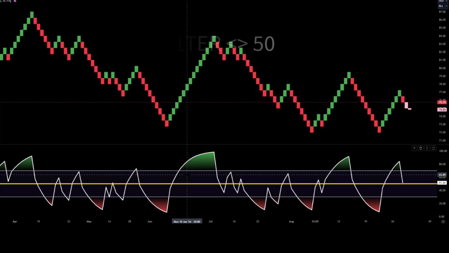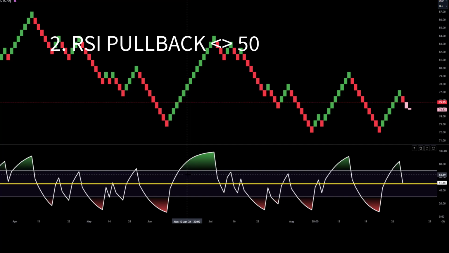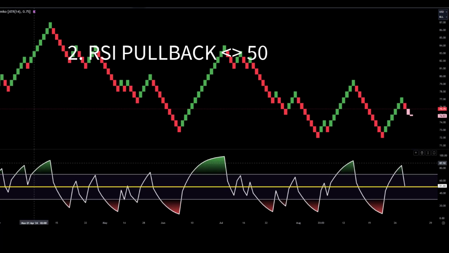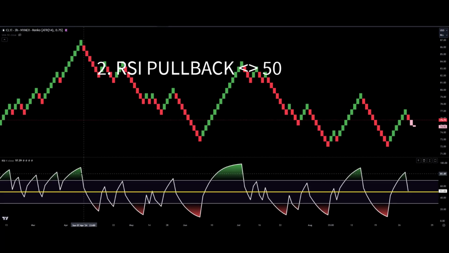But that leads on to my third RSI setup here. I call it the pullback setup, and again I'm looking for fast RSI inputs there, so say between 4 and 7. And what's the strategy?